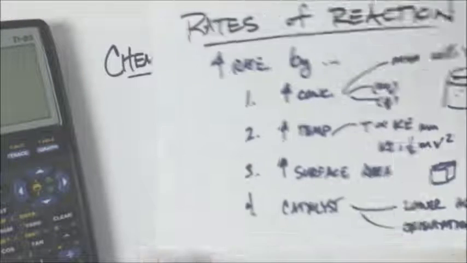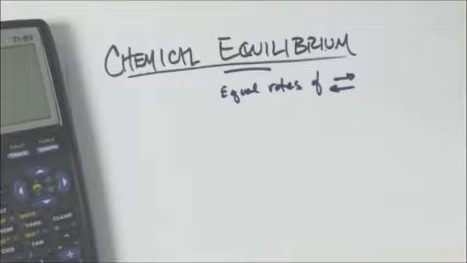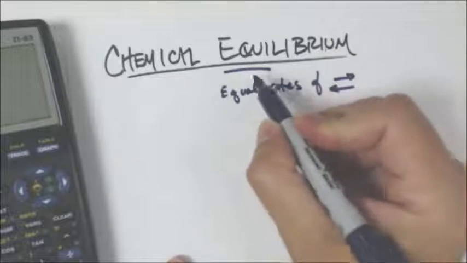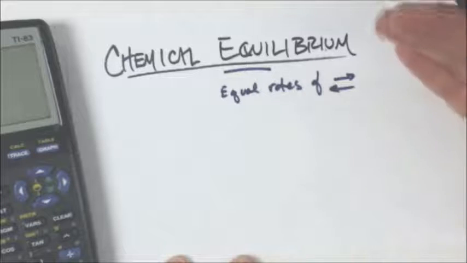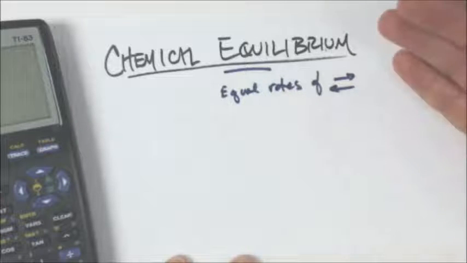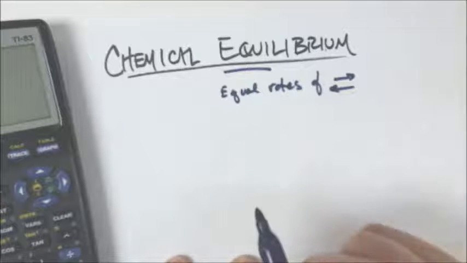Having just talked about rates of reaction and how we can control those, we also need to recognize that at some point many reactions are going to have established an equilibrium. So the equal part of equilibrium is equal rates. It's not equal amounts. It's not equal grams. It's not equal moles. It's not equal concentration. It's equal rates of both the forward and the reverse reactions.